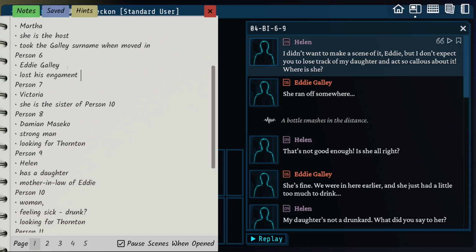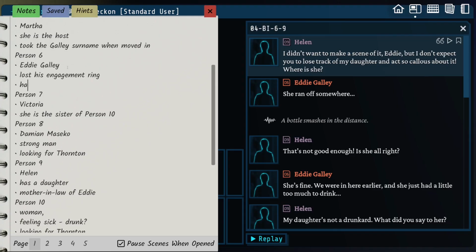I'm missing something. Yes. Ring. And he had a fight with Helen's daughter. We don't know her name yet, or which person she is.